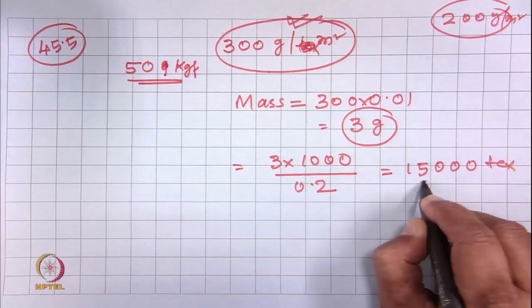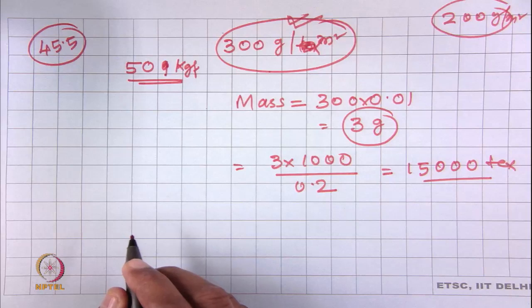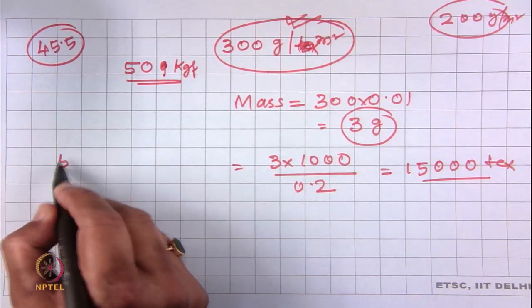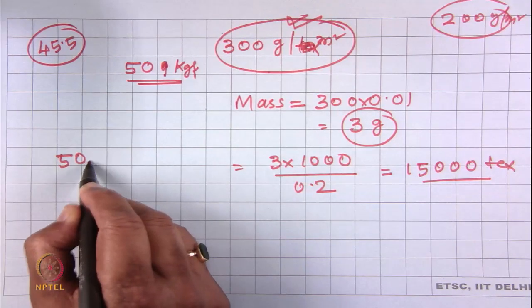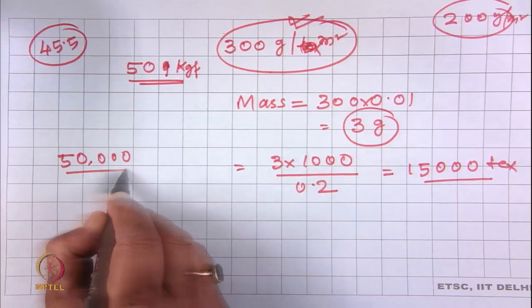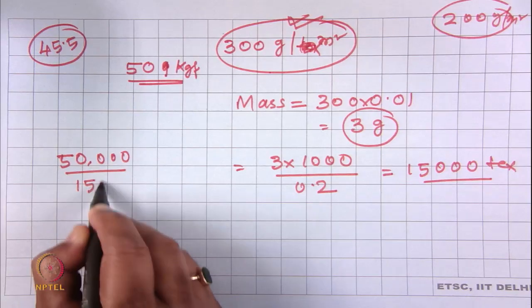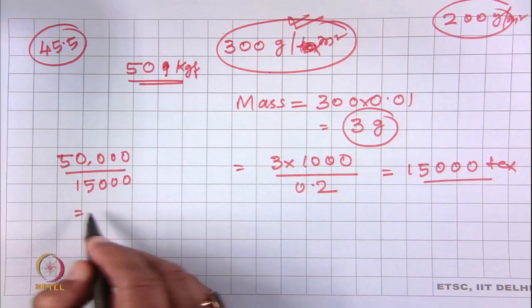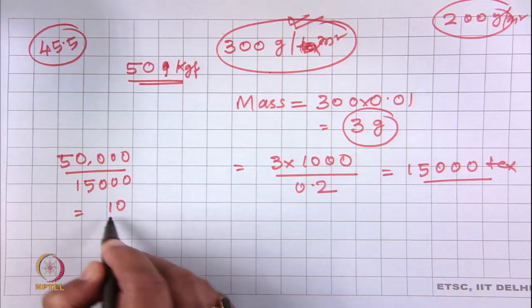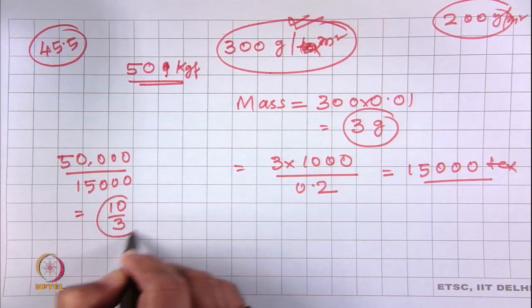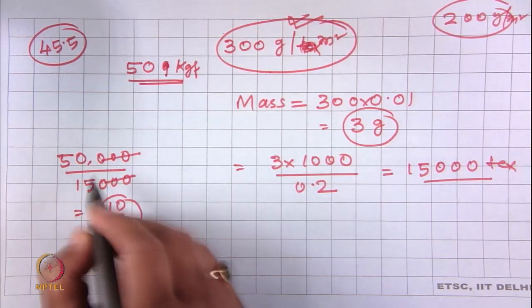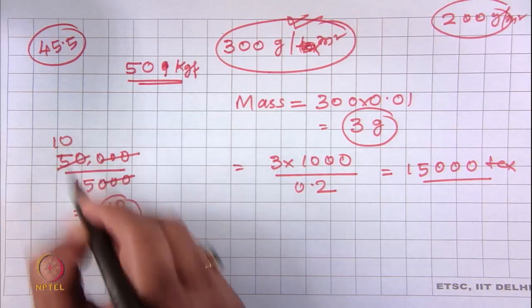Okay. 15,000 Tex, and it is 50 kg. So, 50 kg means 50,000 gram divided by 15,000, it will become 10 by 3.